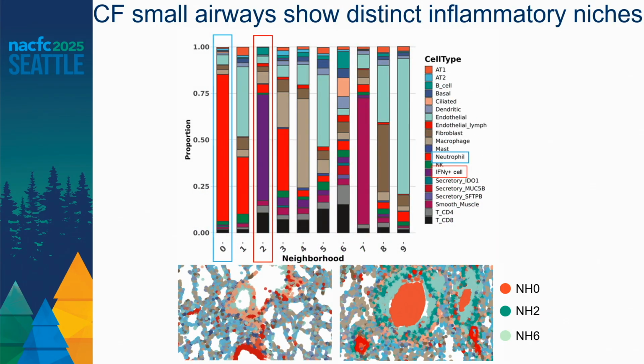And when we check each cell proportion from the neighborhoods, we could confirm neighborhood 0 mainly consists of neutrophils, and neighborhood 2 is from the interferon gamma positive cells. So using different approaches, transcriptomic assay and protein analysis, we could see the 2 important pathways, IL-1 beta and interferon gamma, might be important for CF small airway pathogenesis.